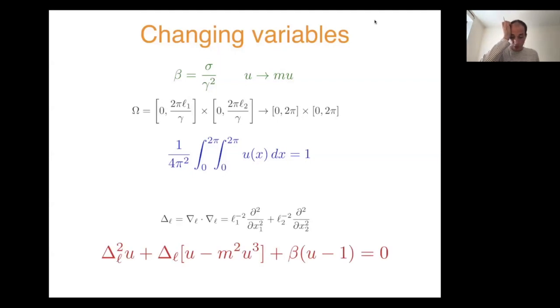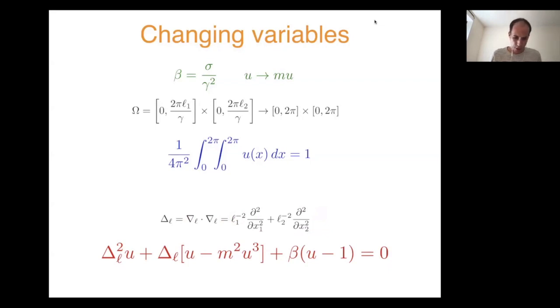And then you end up with which equation? Well, this partial differential equation, which again has this fourth order derivative that we saw before. It is just a Laplacian squared, but in these new variables. So that is what this delta L symbol really means. That is now the PDE that we want to solve.